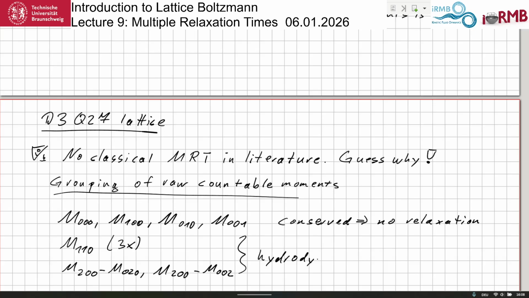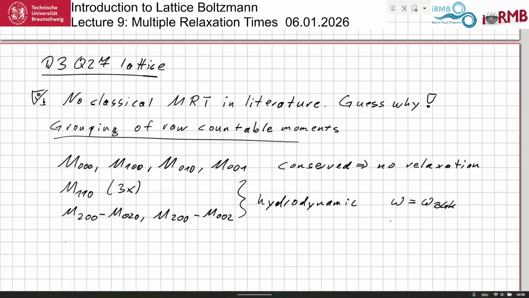Hydrodynamic, and they would have omega equal to omega BGK. That's a given. Then we have the one that is related to the bulk viscosity and pressure waves, the acoustic moment, and here we would put omega p, and this would give us a bulk viscosity.